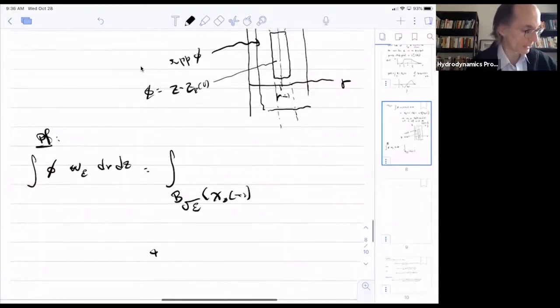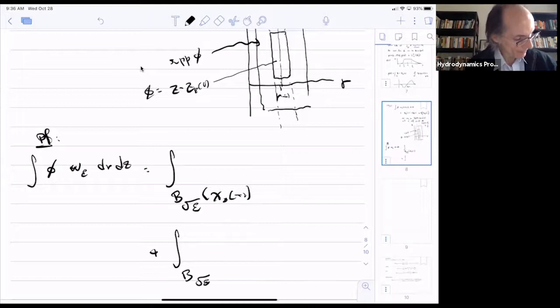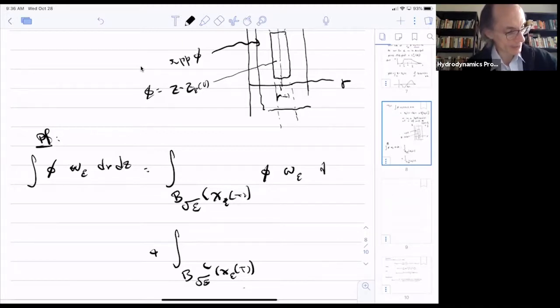And then I want to integrate over the complement. Oops, it's x epsilon of tau. And phi omega epsilon dr dz.